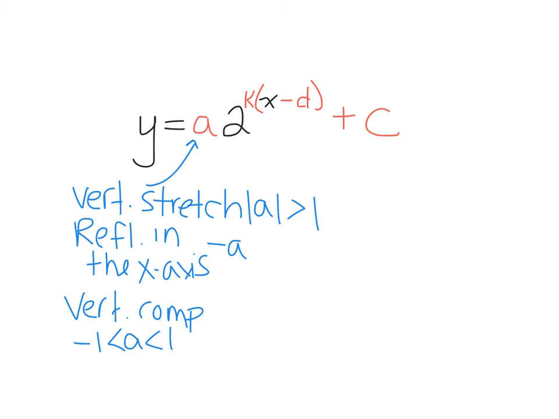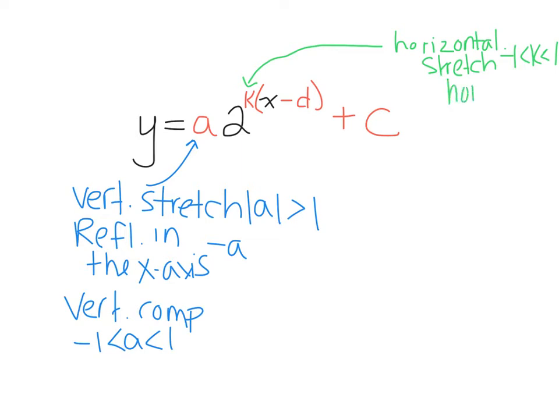Okay, then we also have k, which is like the opposite of a. So k is going to be our horizontal stretch and compression. So horizontal stretch if k is in between negative 1 and 1. So if k is like a half, a third, a quarter, it's going to be a stretch.